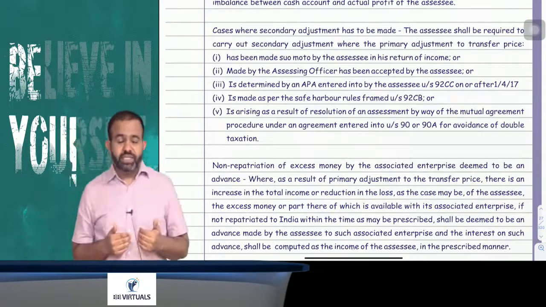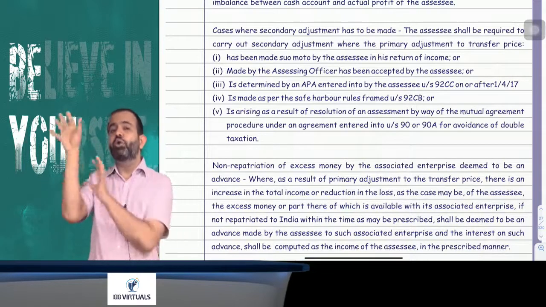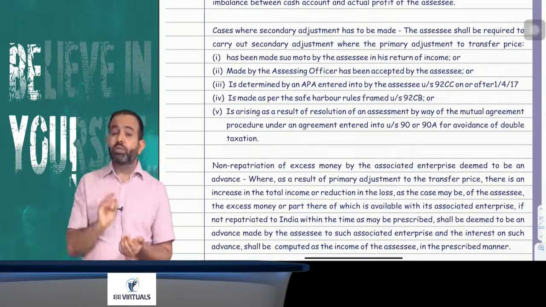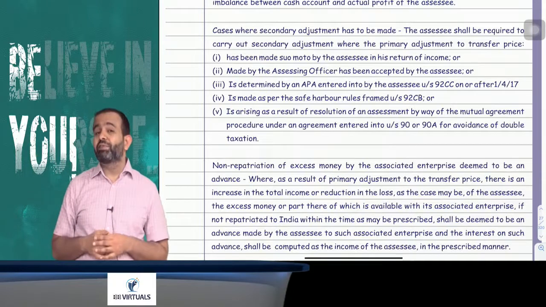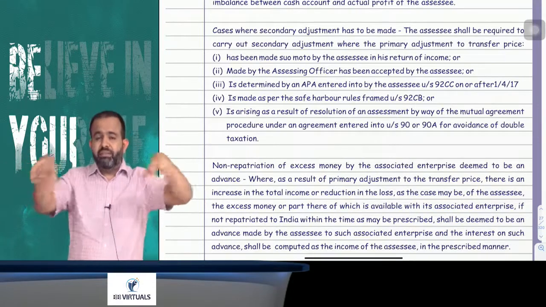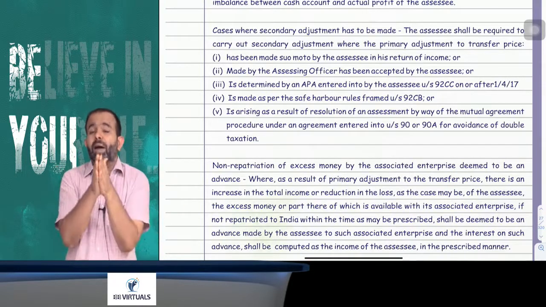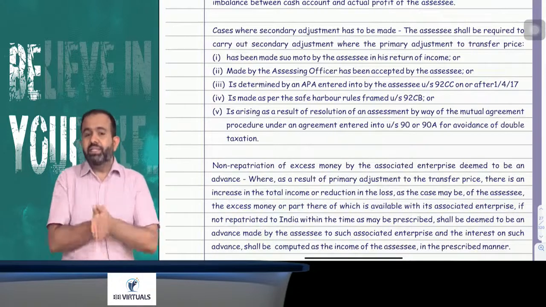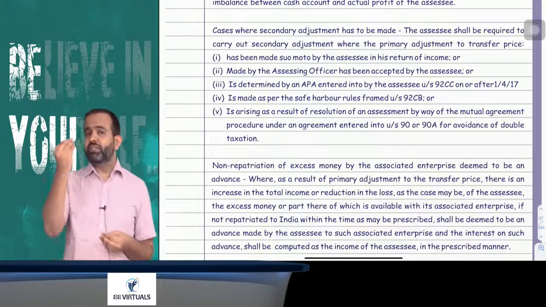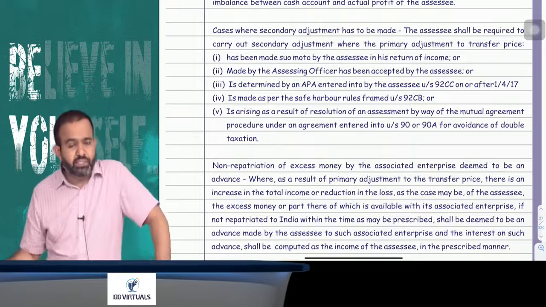Then what I will do is request the Indian Income Tax Authority, that is the competent authority. So I will request the competent authority of India that Mauritius is not giving the benefit of DTAA. Then the Indian competent authority and the Mauritius competent authority will sit together, and after that they will decide and issue one MAP, that is mutual agreement procedure. They will make one MAP and give the resolution to BB Limited, that is called MAP. So due to MAP, if there is any primary adjustment, then secondary adjustment is possible.